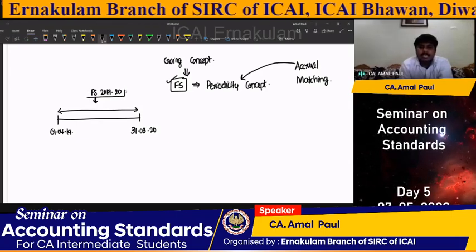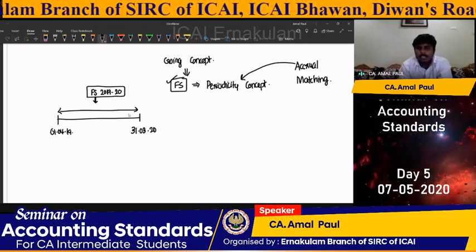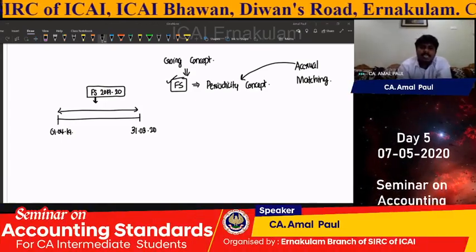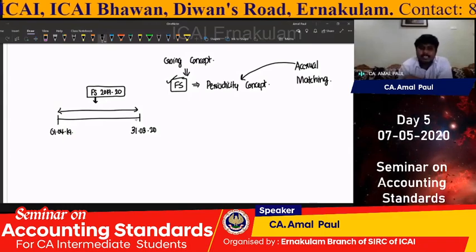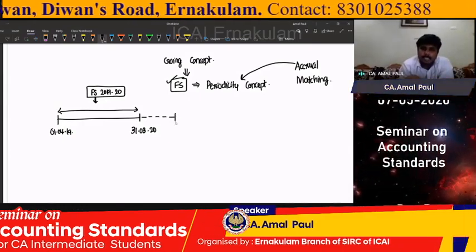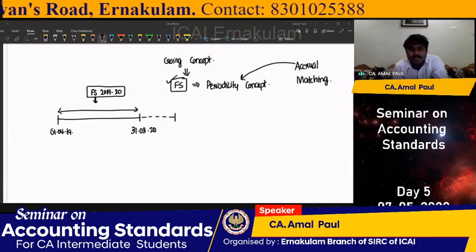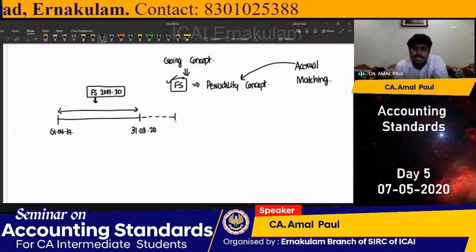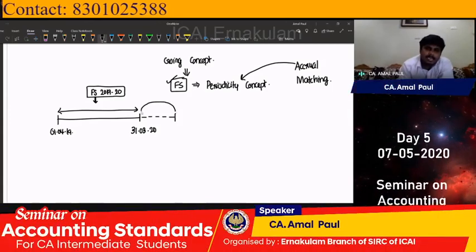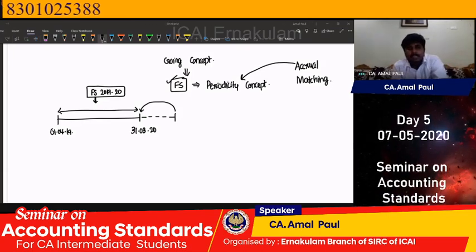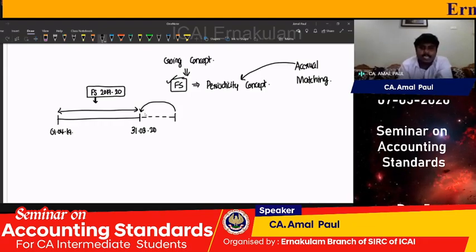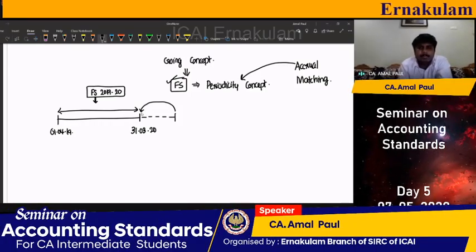This standard is an exception to that. That is, in certain cases, some events may happen after the balance sheet date that may indicate a condition as at this date. This will provide further evidence of a certain condition as at this date.